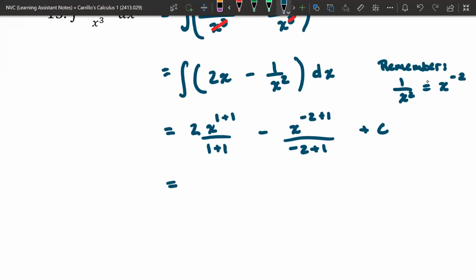Now simplifying all my exponents, I'll have 2 times x squared over 2 minus x to the negative 1 over negative 1 plus c. Now simplifying my coefficient, this will become a plus, and that will reduce that negative 1.